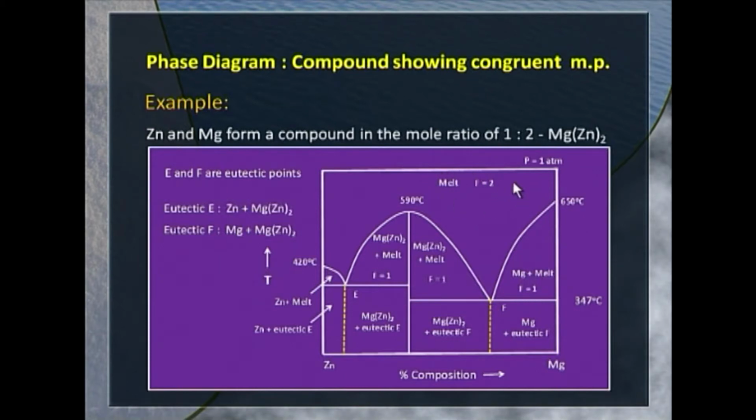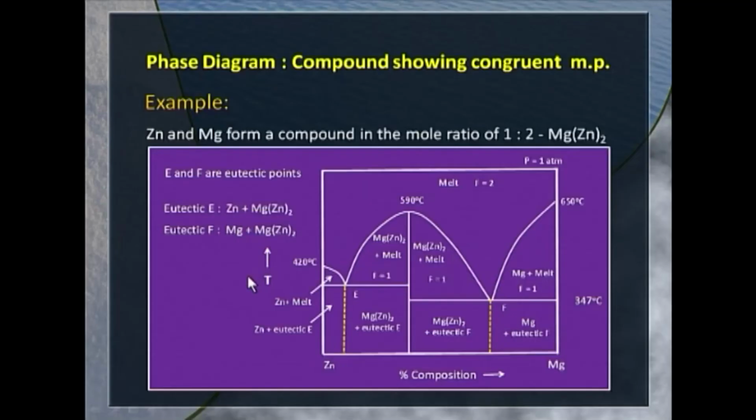In the region in which the melt is stable, where the two components, in this case magnesium and zinc, are completely miscible, the system is bivariant with F equal to 2. Within the regions where melt and solids are in equilibrium, F is equal to 1, that means the systems are univariant. There are two eutectics formed: one eutectic is between magnesium and the compound, the other eutectic is between the compound and zinc.